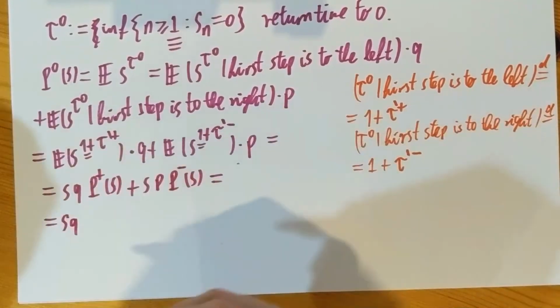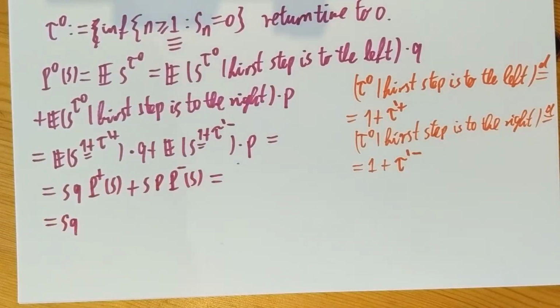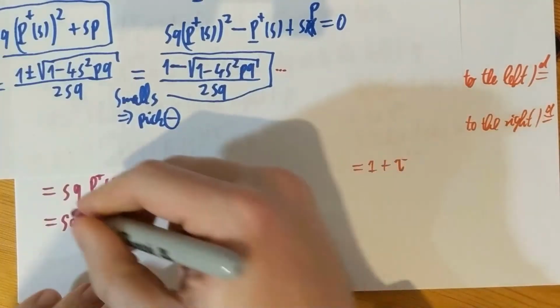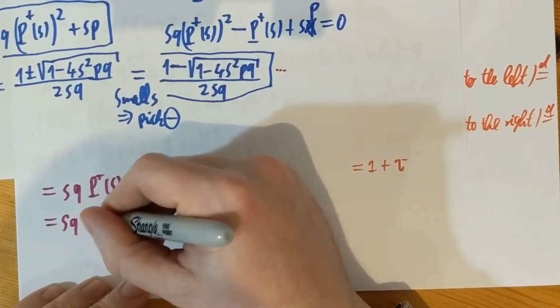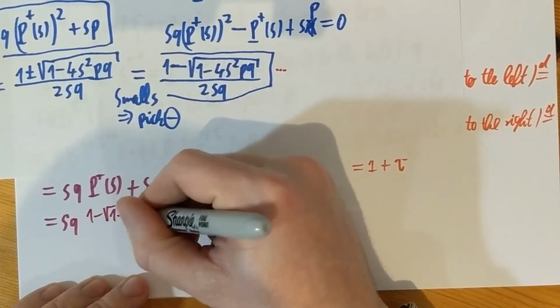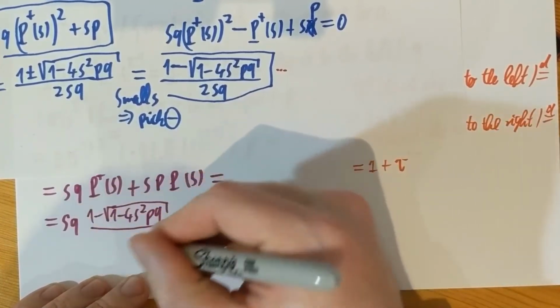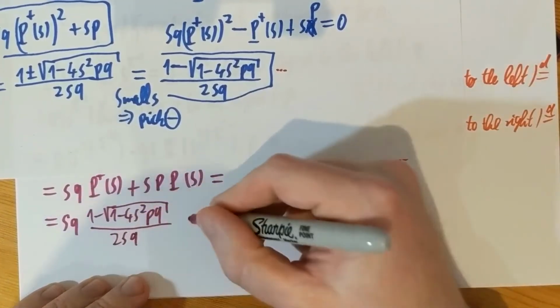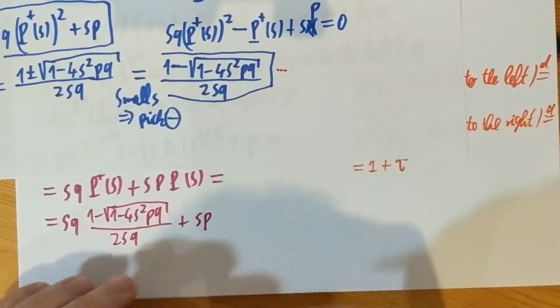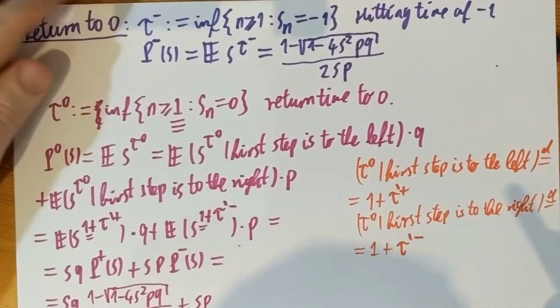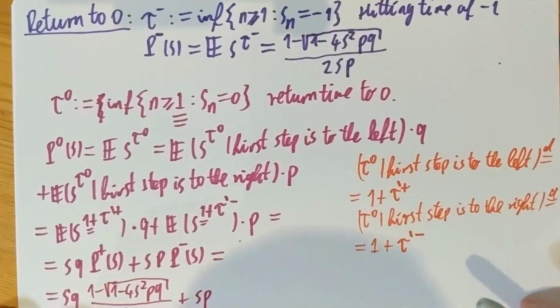Sq times the generating function for tau plus is here, so 1 minus square root of 1 minus 4s square pq over 2sq, and sp times the generating function for tau minus, which is up there, so I'm just plugging that in.